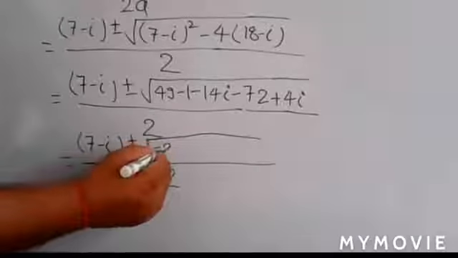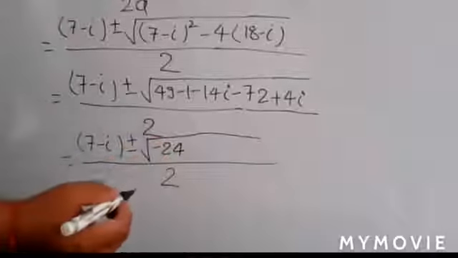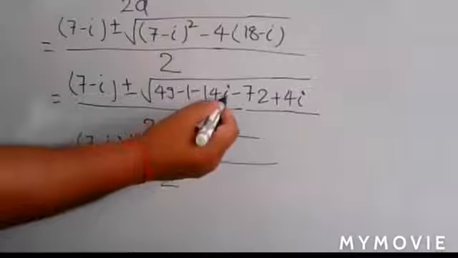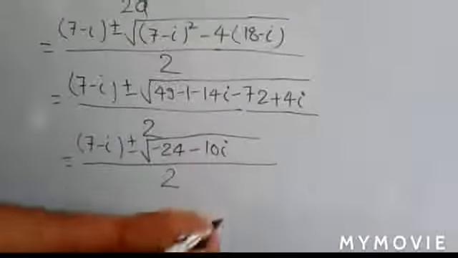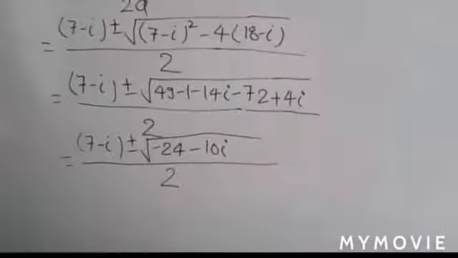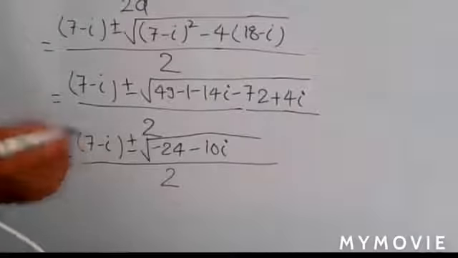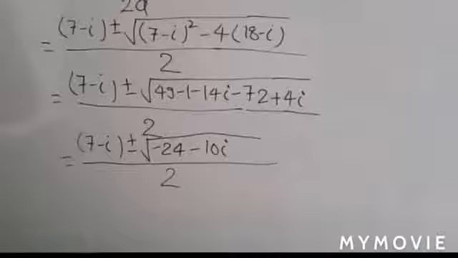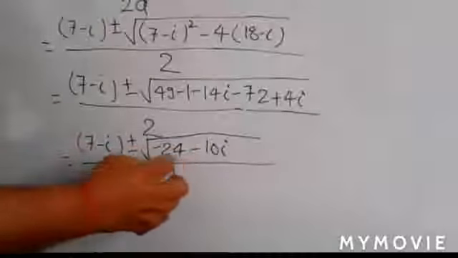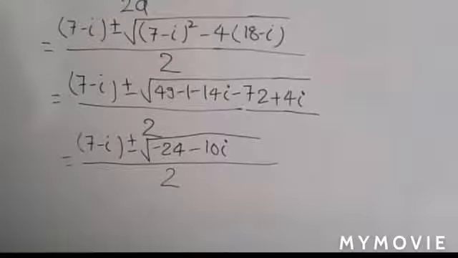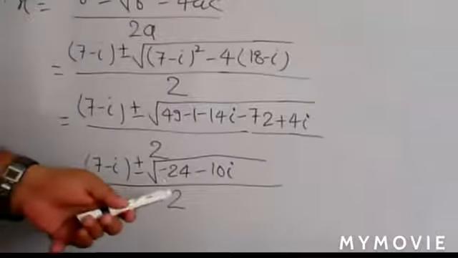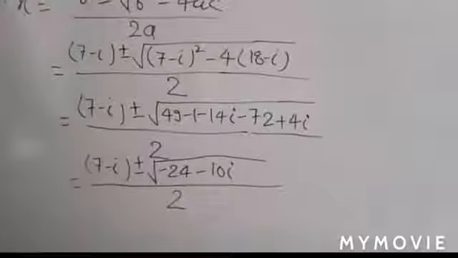Here you have minus 24 and minus 14i plus 4i, so here you have minus 10i. Understand? So that gives the value of x. So if anyhow you have the value of this square root, you can find the value of x in simplest form. So again, your aim is to find the square root of this given complex number.